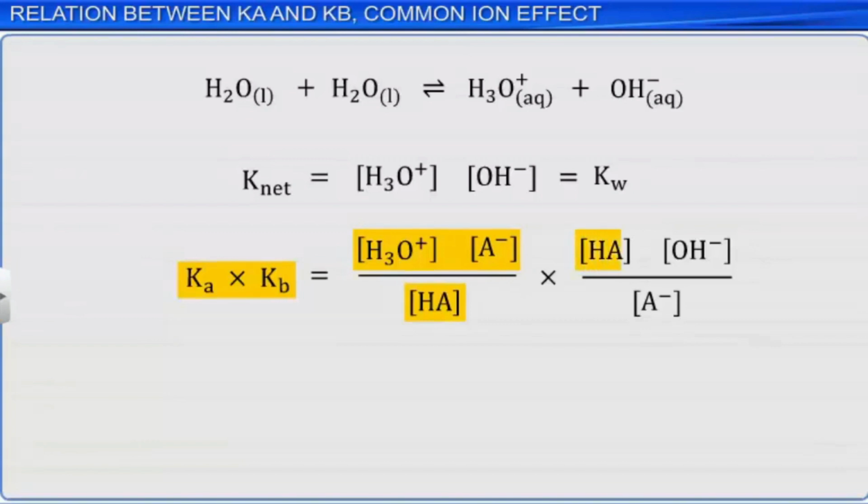On cancelling the common terms, you get the product of concentration of H3O+ and OH-. This, as you know, is equal to Kw, the ionic product of water.